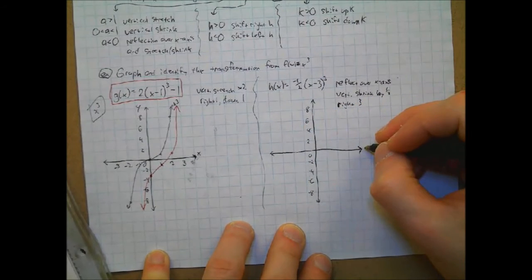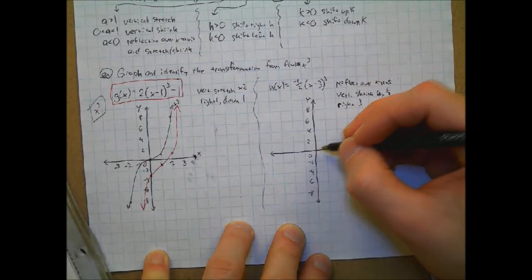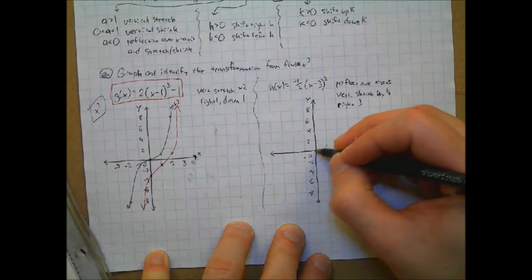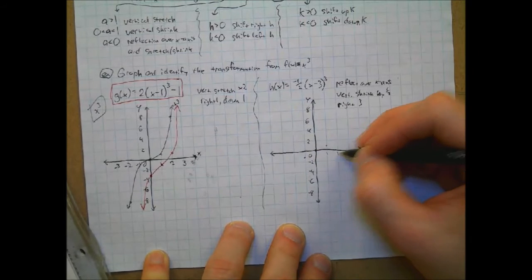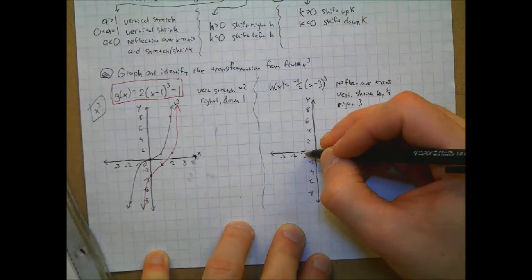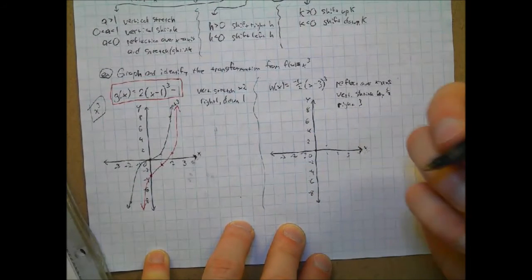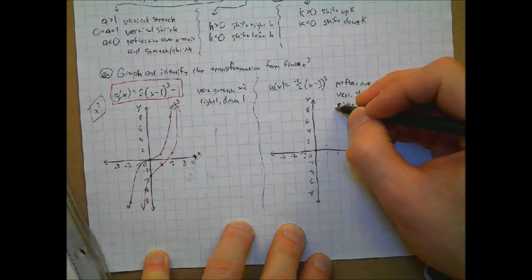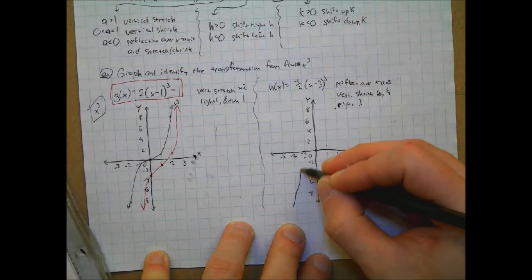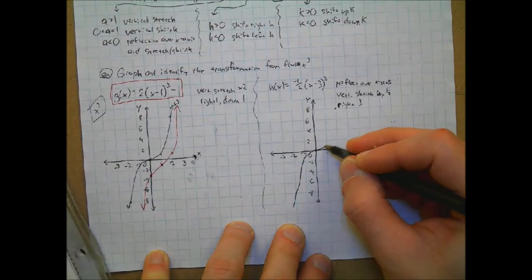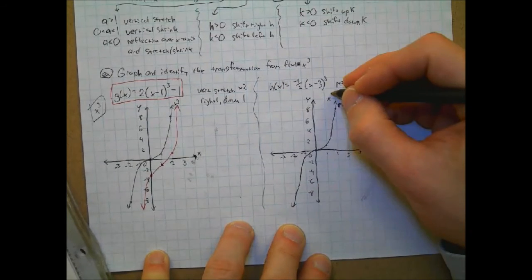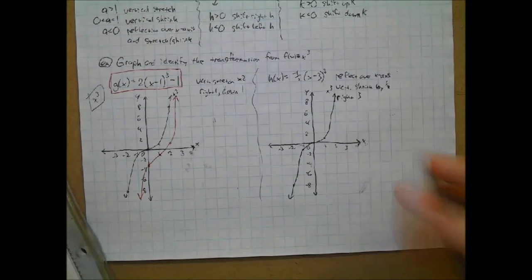Let's see here. Okay, so 2, 8, -2, -8. Okay, so again, there's plain old x cubed, the parent function.